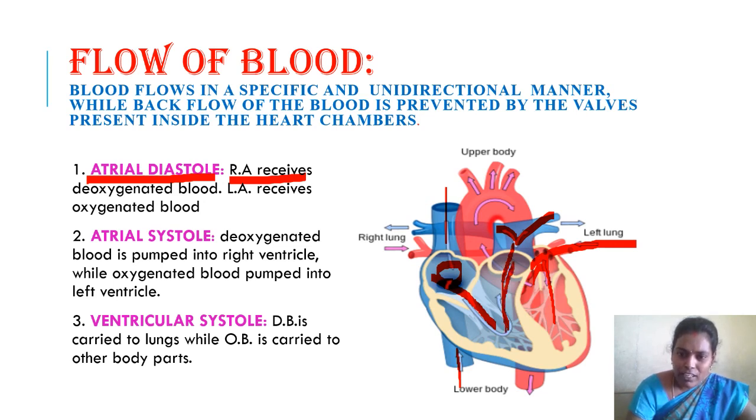From this pulmonary artery, the impure blood reaches the lungs through the right pulmonary artery and left pulmonary artery.